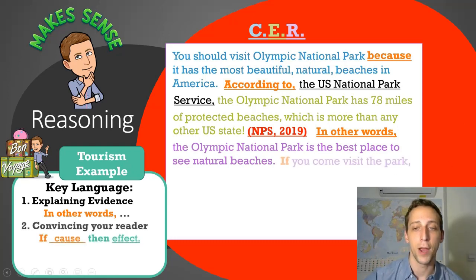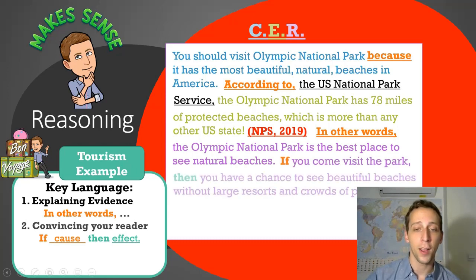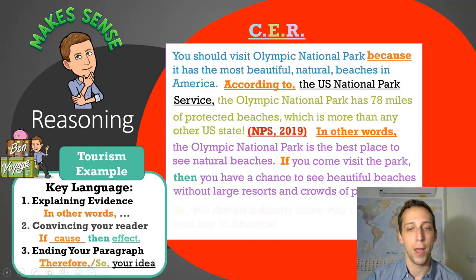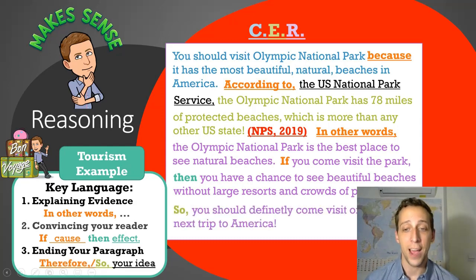Then I keep convincing my reader, if you come visit the park, then you have a chance to see beautiful beaches without large resorts or crowds of people, convincing them why this beach is awesome. And then I end my paragraph. So you should definitely come visit on your next trip to America. So even if you're writing about tourism, you still use this same thing to make really awesome writing.